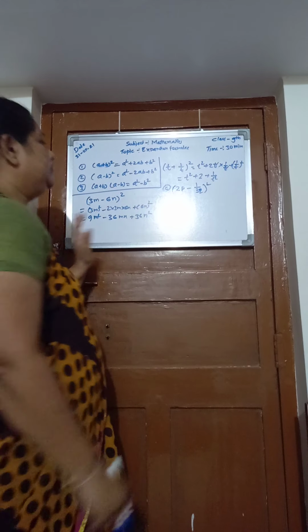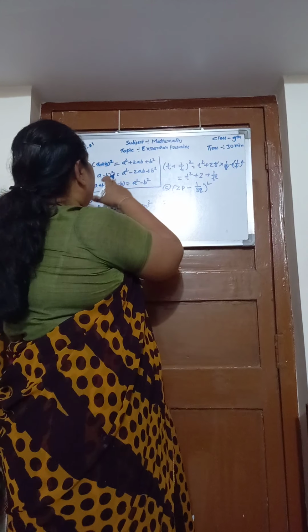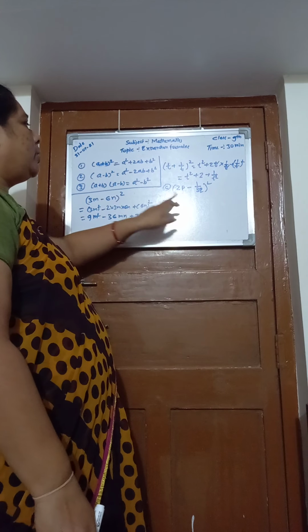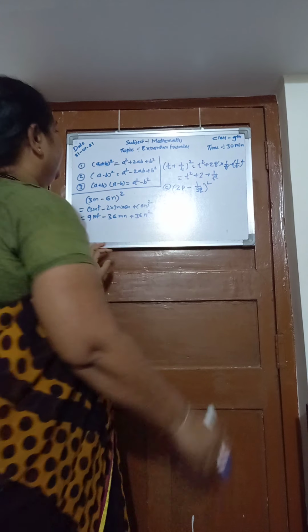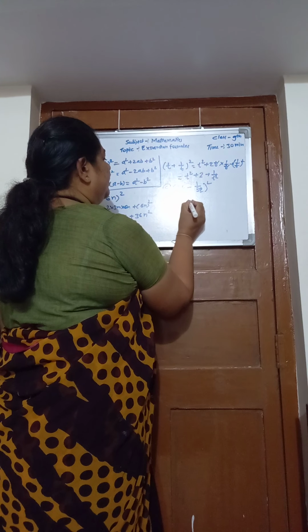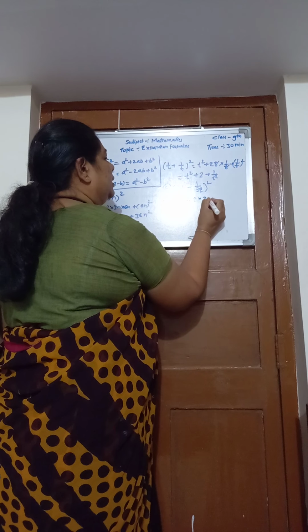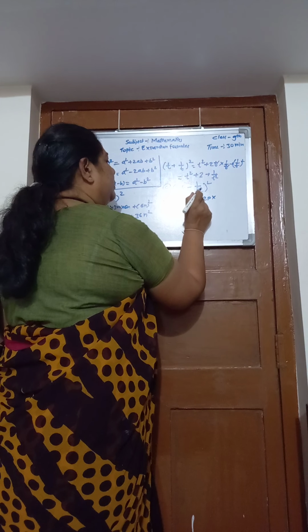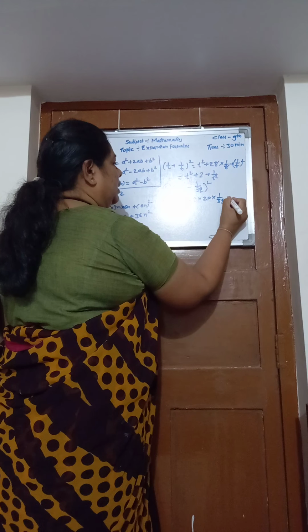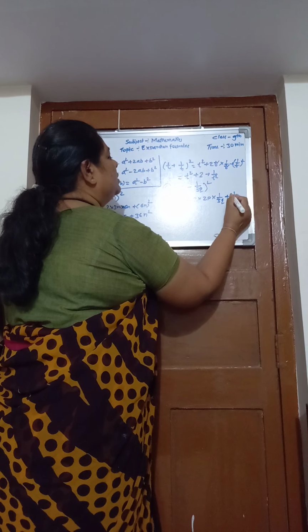We have to apply the second formula for this problem. a equal to 2p, that is 2p whole square, minus 2 into 2p into 1 upon 3q, plus 1 by 3q whole square.